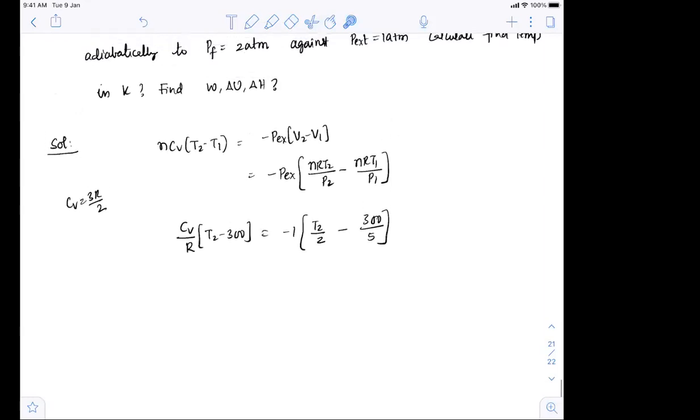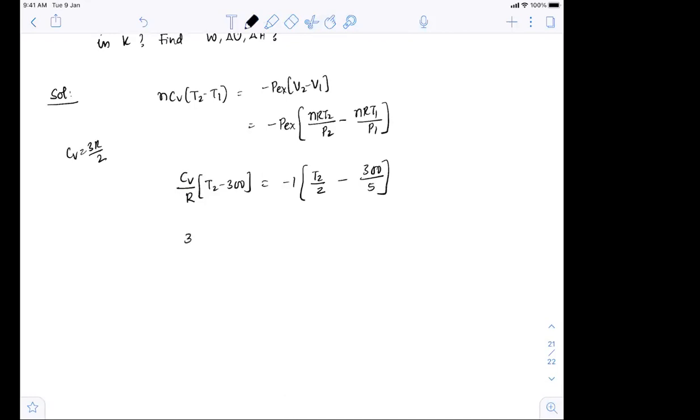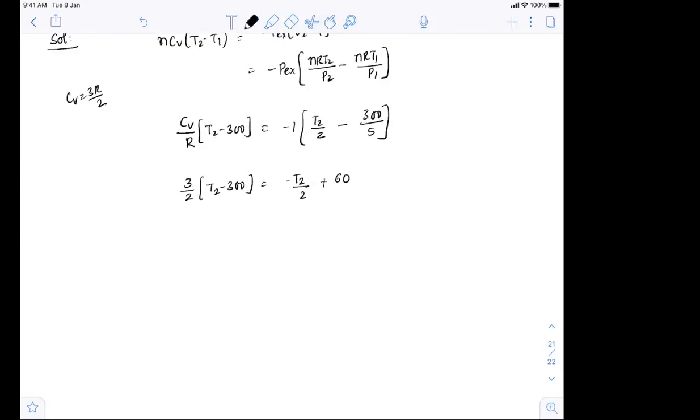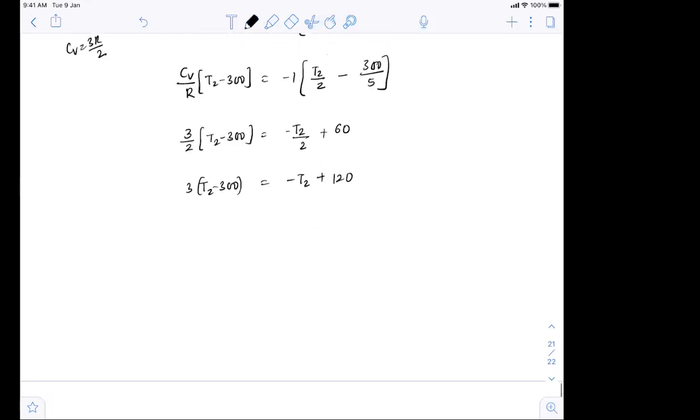So R and R will get cancelled here. What do we get now? 3 by 2 into (T2 minus 300) is equal to minus, if I take it inside, (T2 by 2 minus 60). So T2 minus 300, if I take that 2 to the other side, is equal to 3 into (minus T2 by 2 plus 60)... that is, 3 times (minus T2 plus 120), giving 3T2 minus... Bringing the other T2 here and taking 120 plus 900 to the other side, I get 1020.